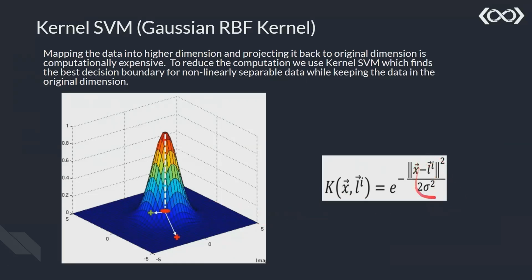So this whole exponent will be big, and since there is a negative, 1 upon e to the power something big will be, if not 0, close to 0. We can see that the z coordinate, or the k, is 0.